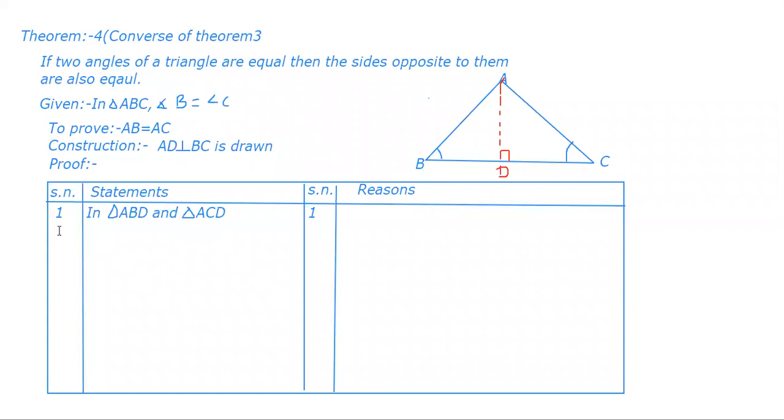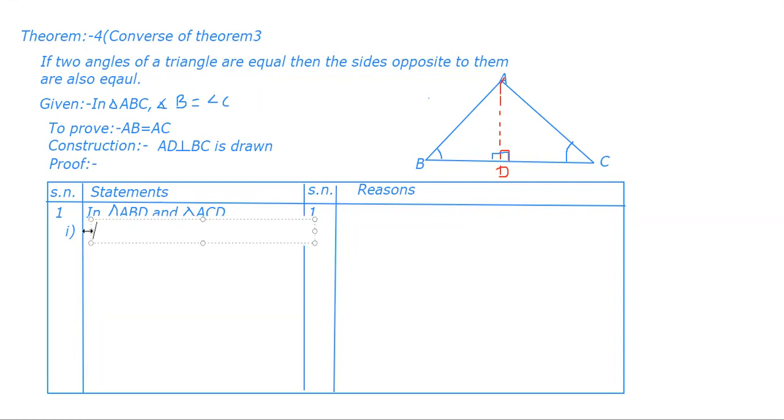By which axiom are they congruent? Now look here, these two angles are given equal. Next, this angle D and that angle D are equal because of 90-90 perpendicular, and then this AD and AD is a common side, that is why they are equal. So by AAS axiom they are congruent.